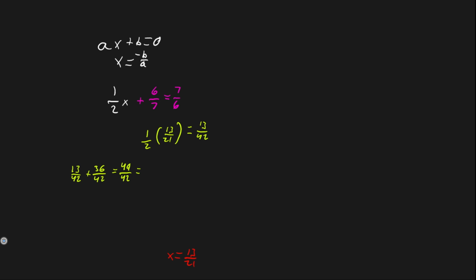We can see that 49 could be split into 7 times 7, and 42 could be split into 6 times 7. And since we have 2 sevens on the top and 1 on the bottom, and they're being multiplied, we could just cancel out one of the sevens from the bottom and from the top, leaving us with 7 over 6, which is indeed our answer to our equation.